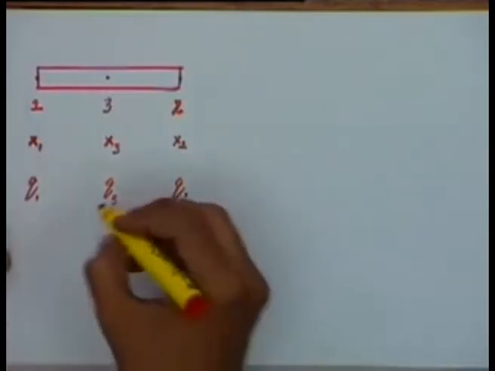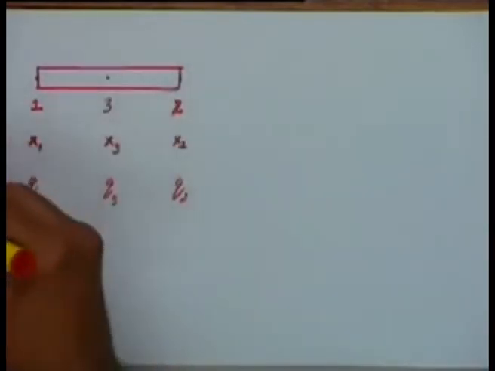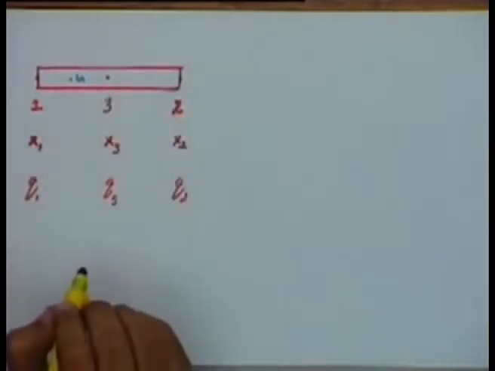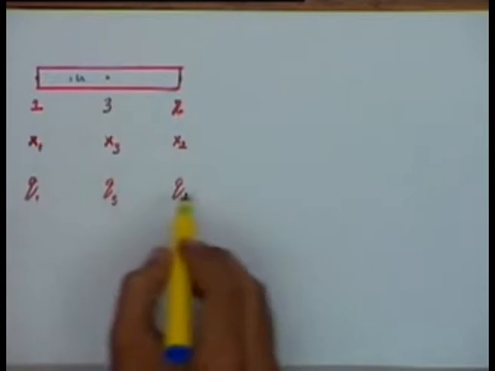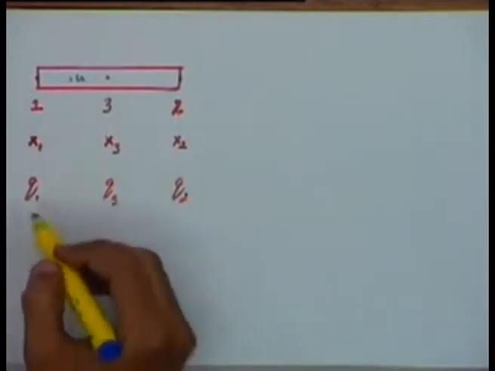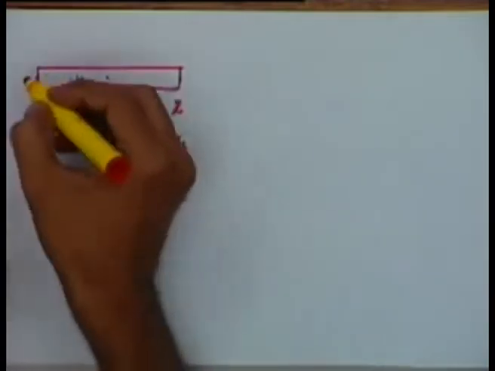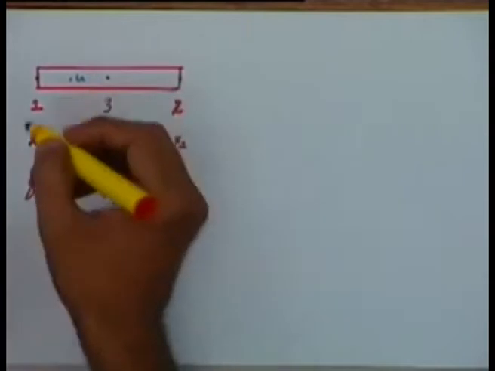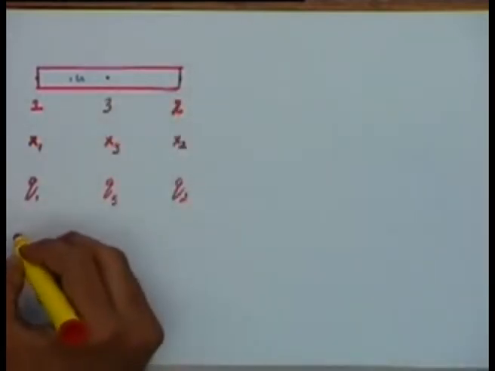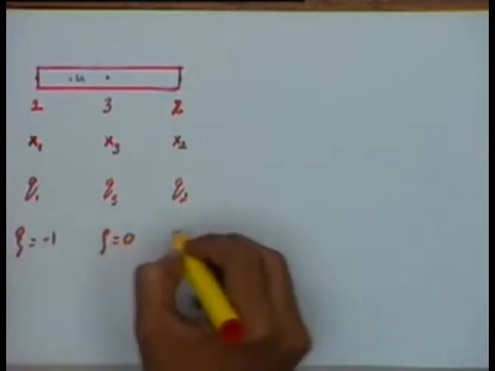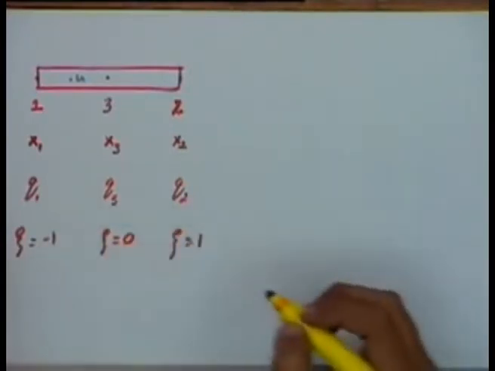Again, if I want to find out u at any arbitrary point, that u will be a function of q1, q2 and q3, but now we will do a quadratic interpolation instead of doing a linear interpolation. We will again define a local coordinate system, let us say zeta, and zeta at this point is minus 1, zeta here will be 0 and zeta here will be equal to 1.